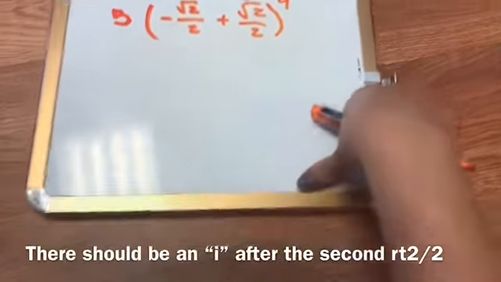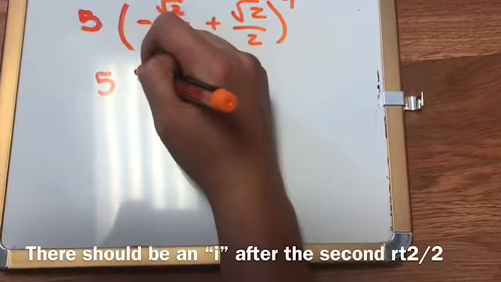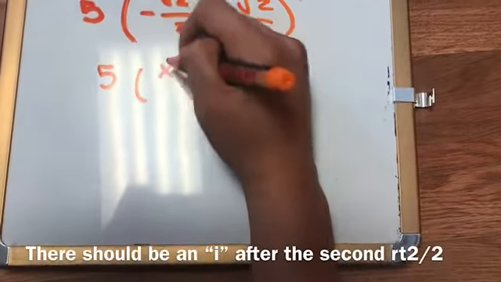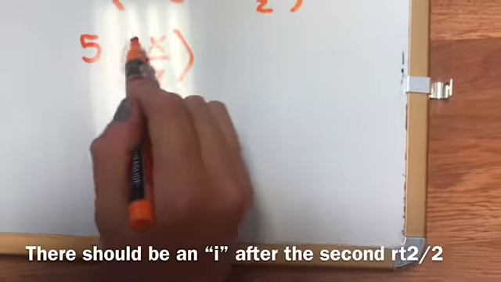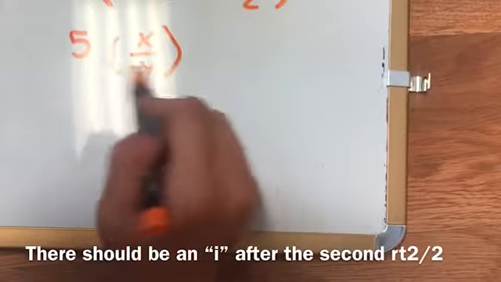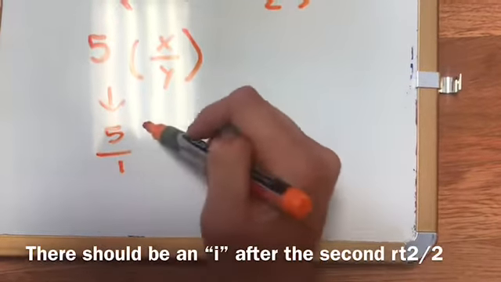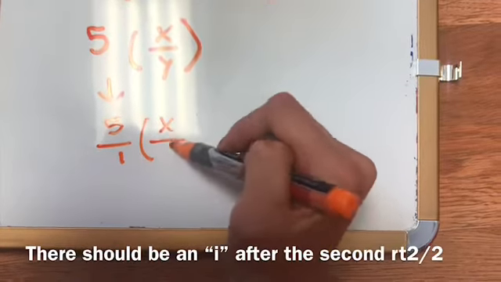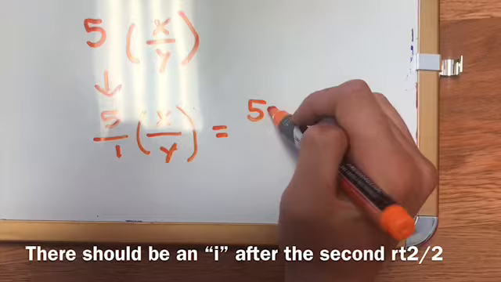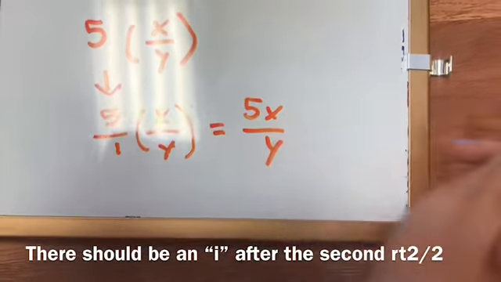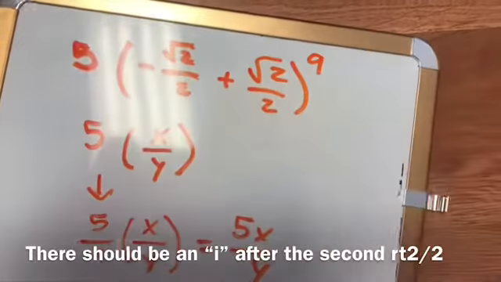We know that because when you multiply a whole number by a fraction, you multiply top to top and bottom to bottom. Since 5 is really equivalent to 5 over 1, when you multiply, you get 5x over y. So that's a little explanation on how I factored out the 5 from this original problem.